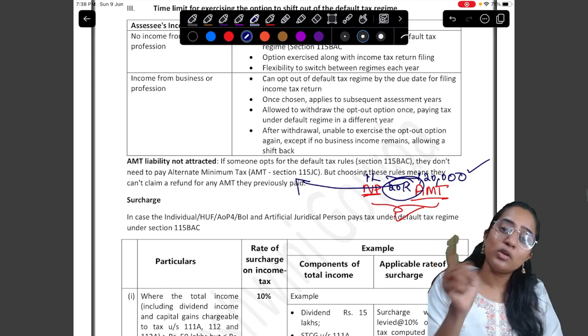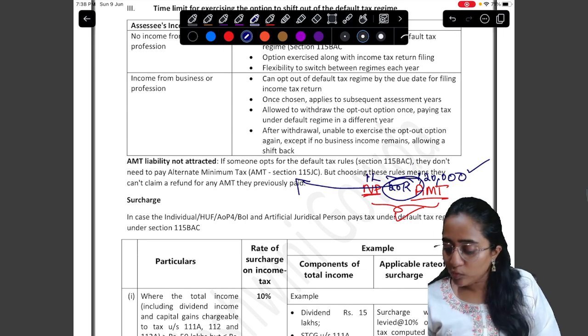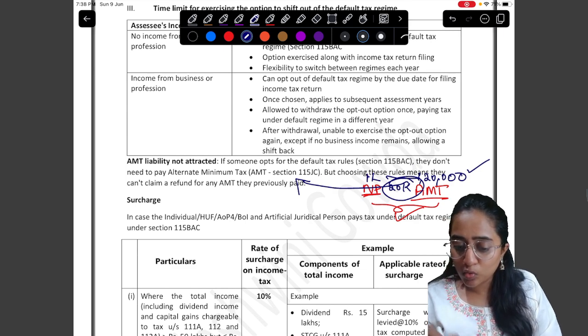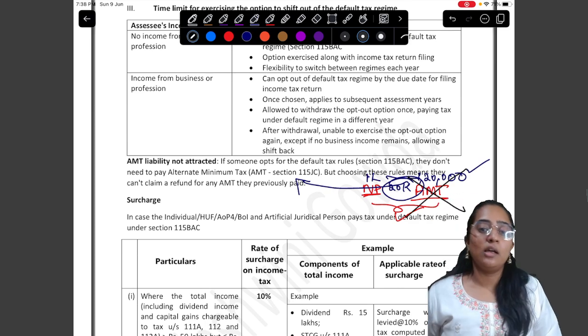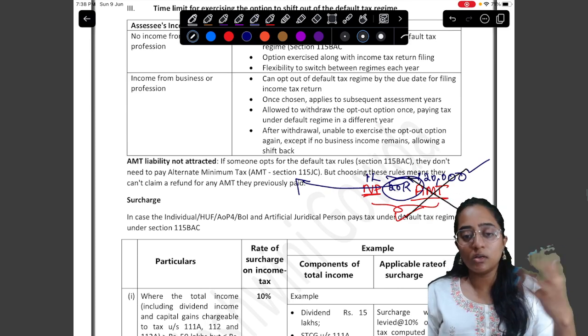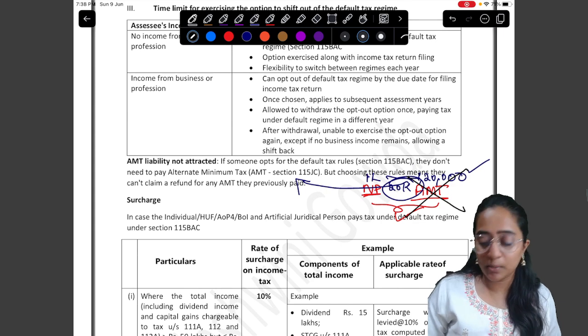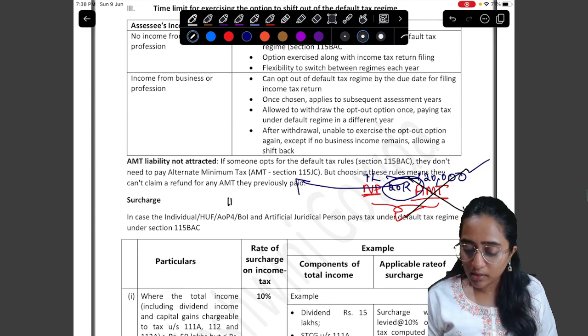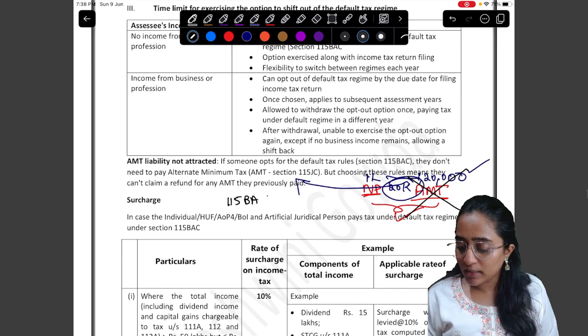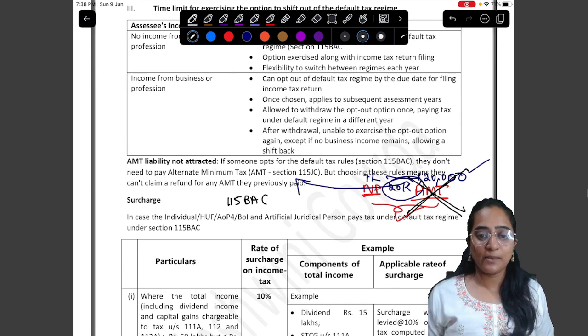If you opt in for this 115BAC, you need not have the headache of any calculations regarding AMT. If you're opting for 115BAC, no calculation of AMT is necessary.